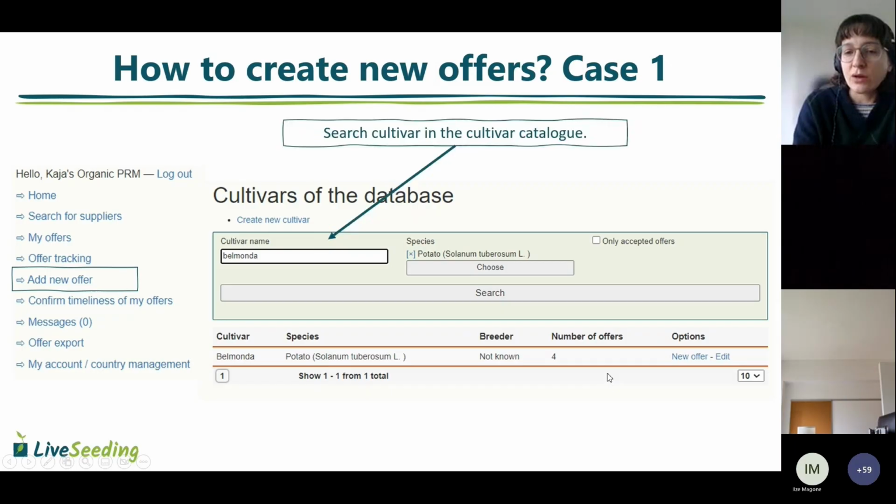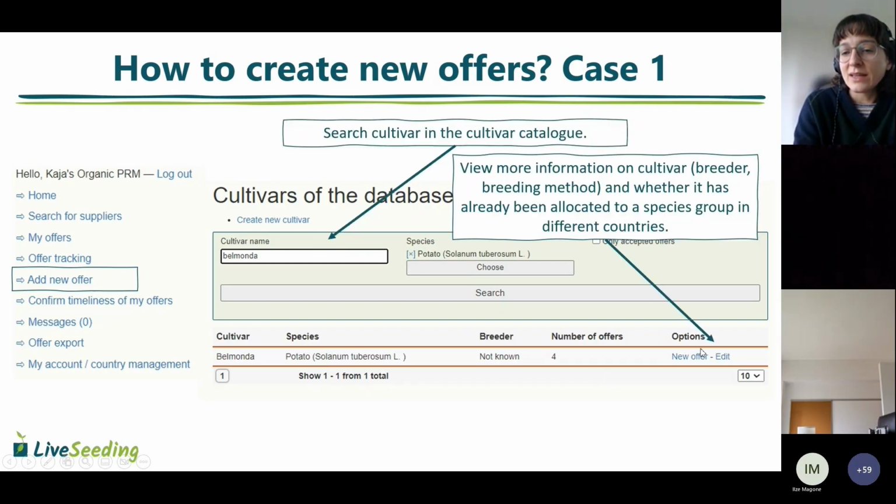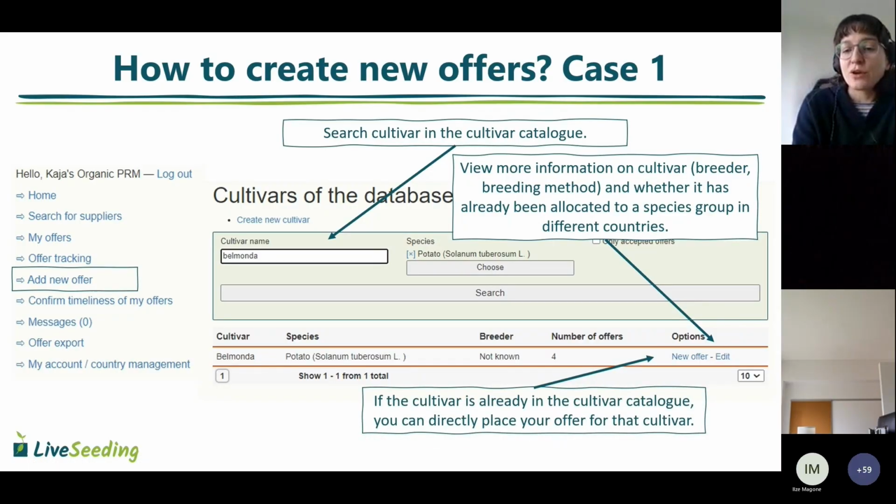If you click on Edit, it's a bit misleading, I will change the translation because you can't really edit anything here. You can see more information on the cultivar: the breeder, the breeding method, and whether it has already been allocated to a species group in different countries. And if you click on New Offer, you can then place your offer for that cultivar.